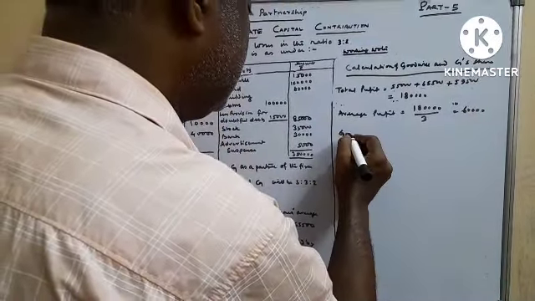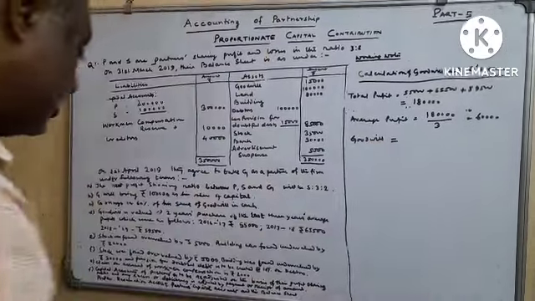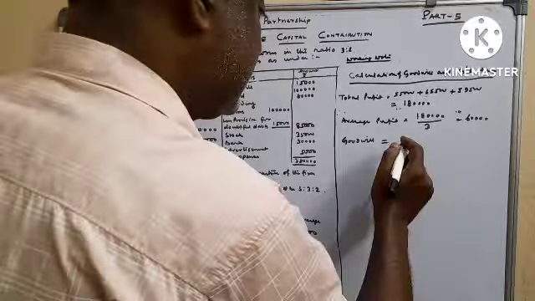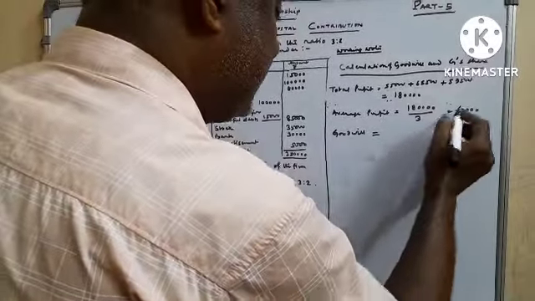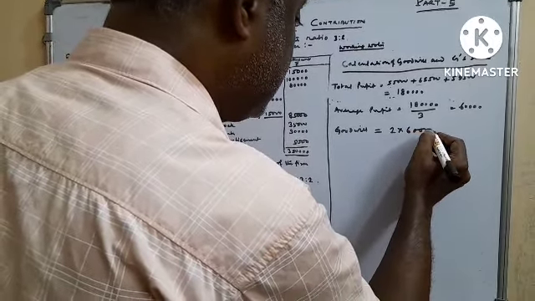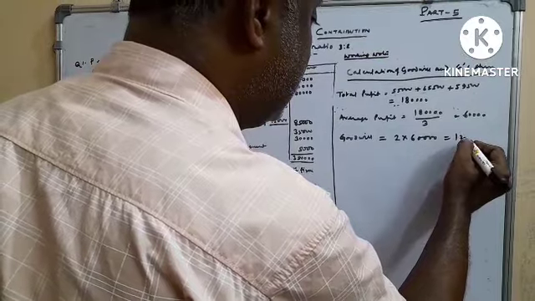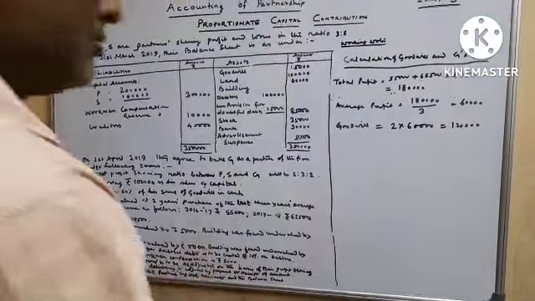Goodwill equals how many years purchase? 2-year purchase of 3 years average profit. The average profit is how much? 60,000 into 2 equals 1,20,000. So value of goodwill is how much? Value of goodwill is 1,20,000.